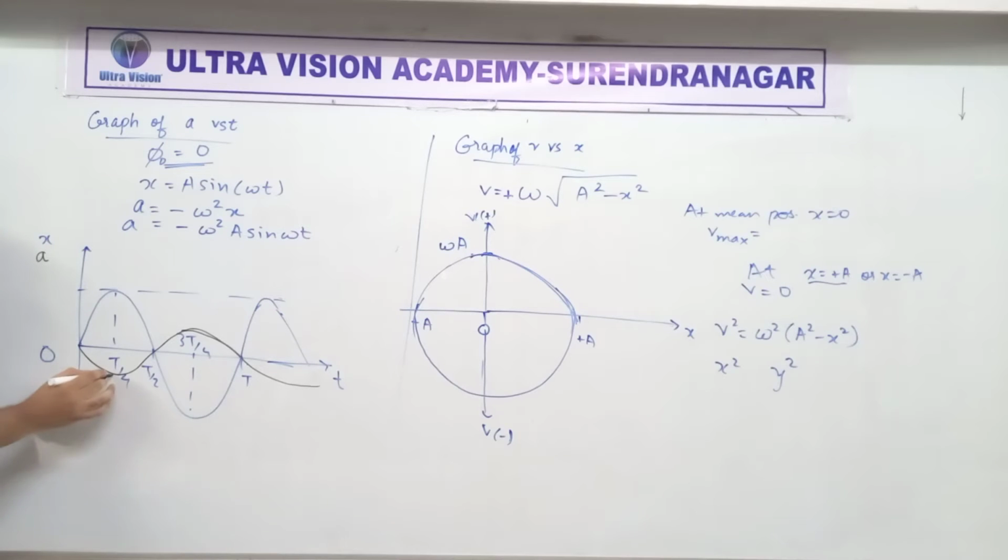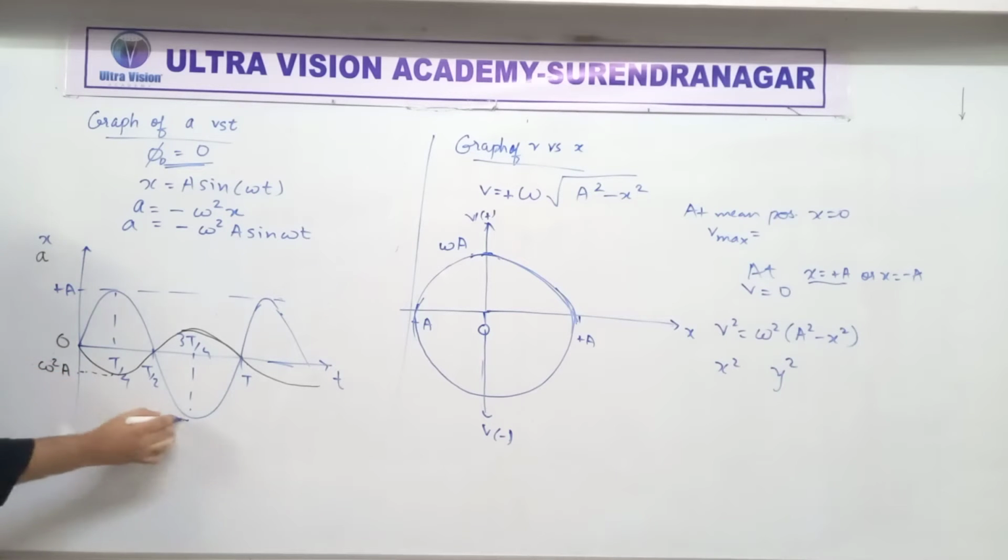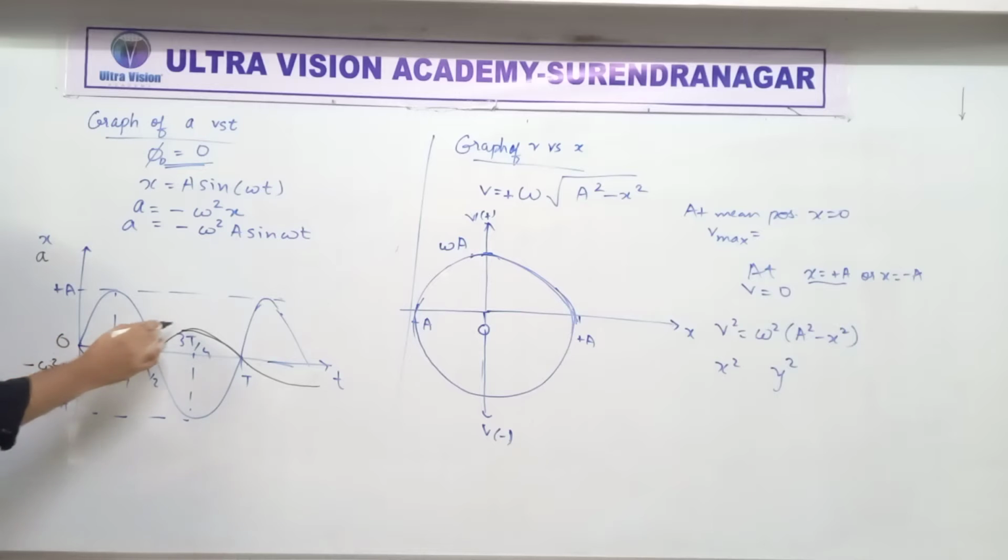Why so? The reason is that the maximum acceleration is only ω²A. For displacement, the maximum value is plus A and the minimum value is minus A. But for acceleration, the maximum value is ω²A and the minimum value will be minus ω²A.